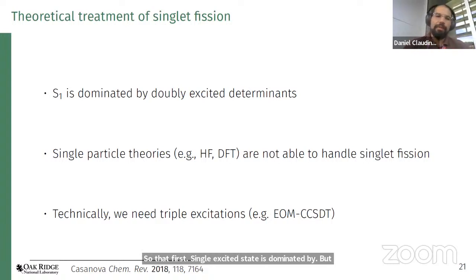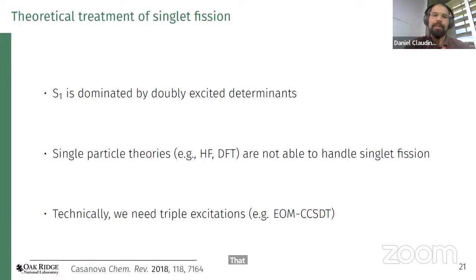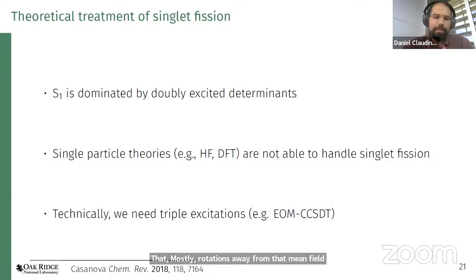So if you start from a mean field solution, that first excited state is mostly composed of double excitations, double rotations away from that mean field solution, which means that mean field or single particle theories, here Hartree-Fock and density functional theory and so forth, are not cut out for this sort of problem. They are not able to handle the underlying electronic structure of this problem.